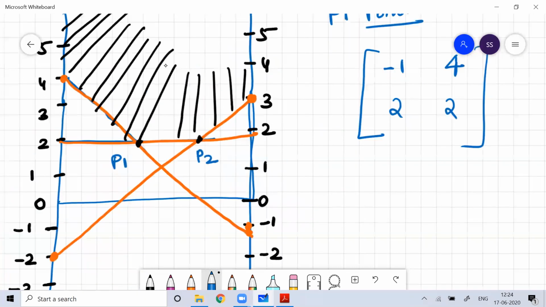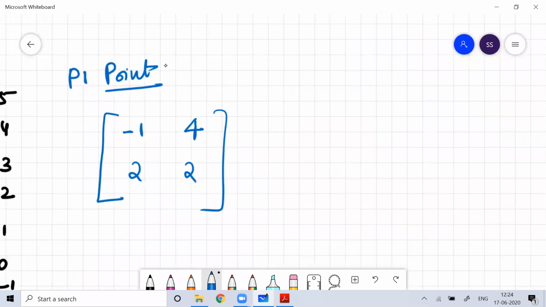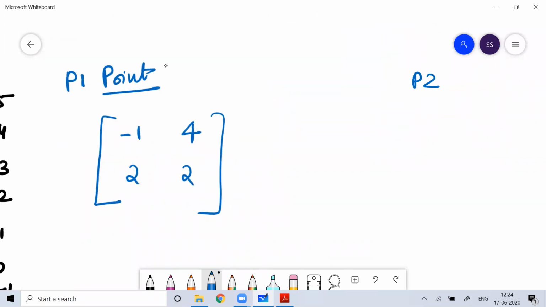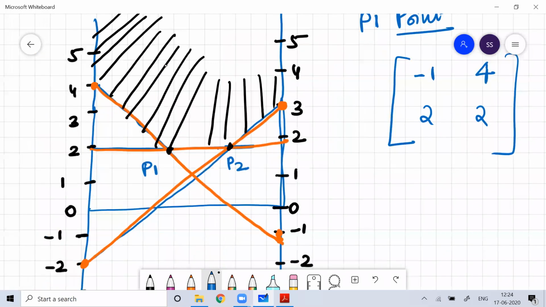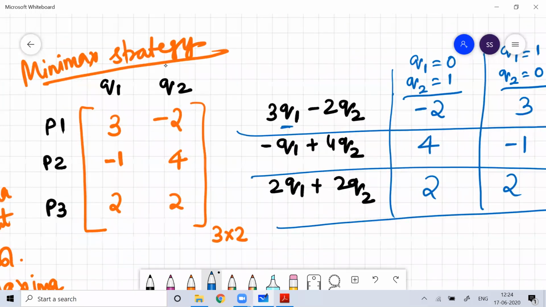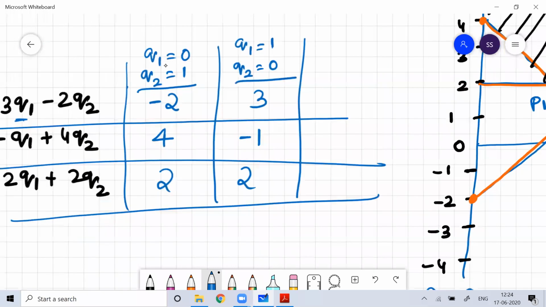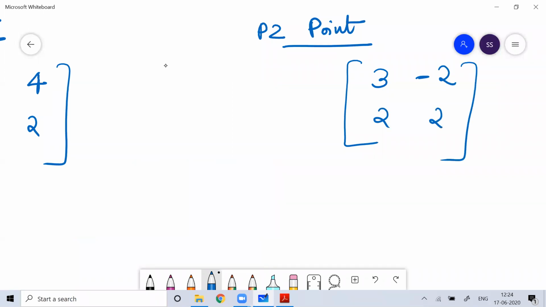What is the P2 point? P2 point is this: 3 comma minus 2 and 2 comma 2. So this is the P2 point.